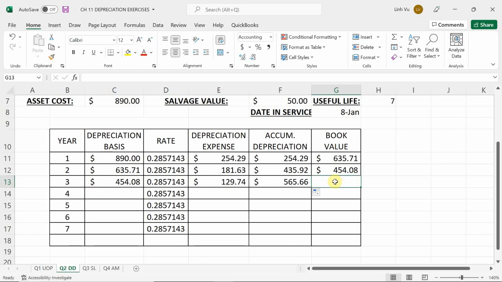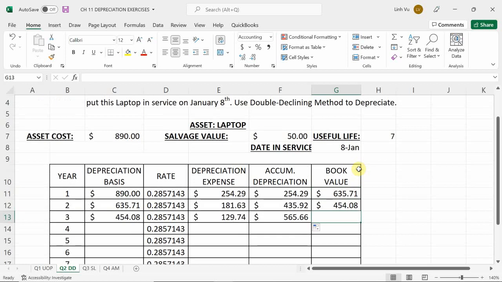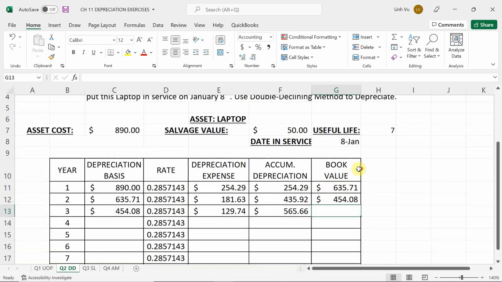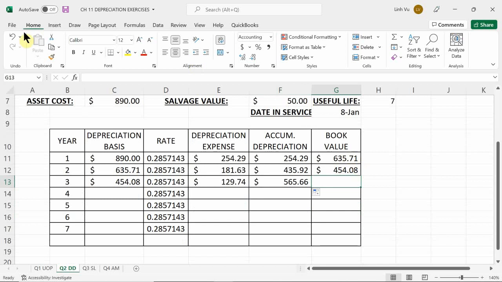Now we minus the number we got, 890. We minus the 565.66. 890.00 minus 565.66.